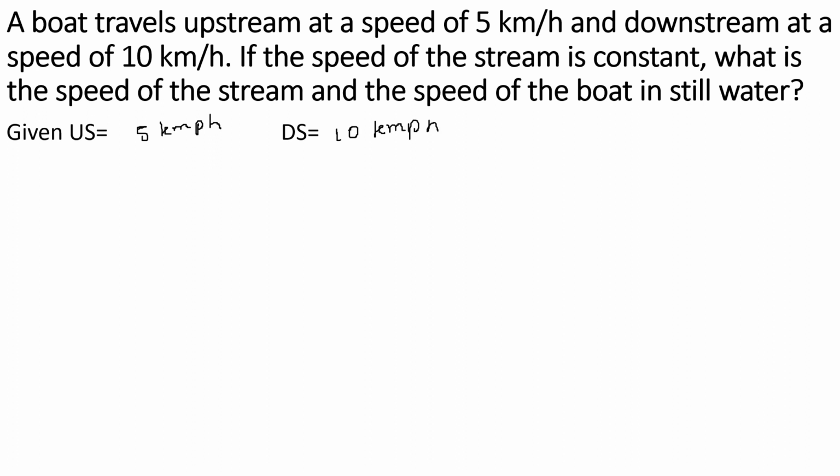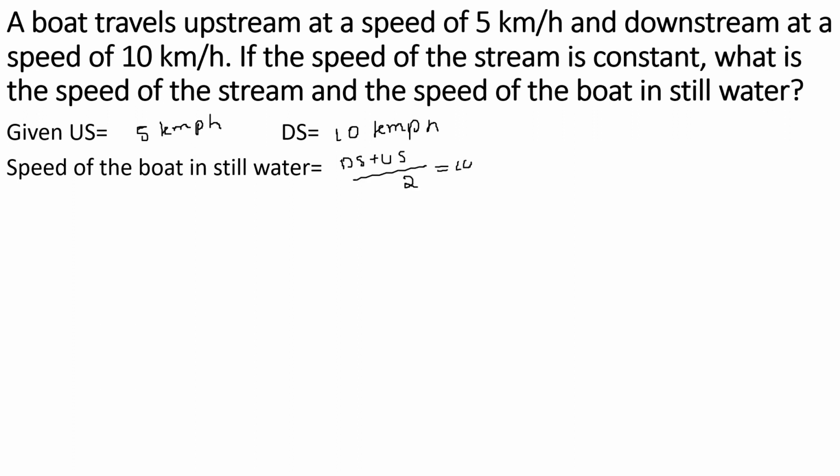So the speed of the boat in still water will be downstream plus upstream divided by 2, that is 10 plus 5 divided by 2, or 15 divided by 2, which is equal to 7.5 kilometers per hour.